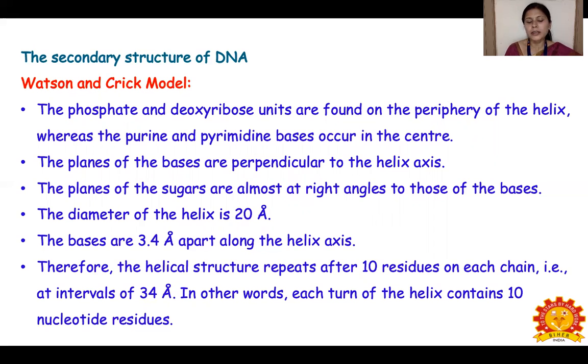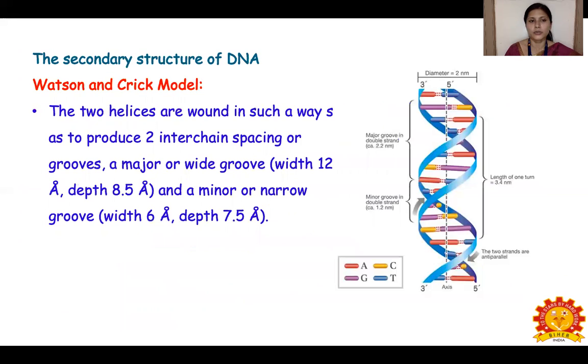If you see the diameter, it will be around 20 angstrom, and the bases are 3.4 angstrom apart along the helix axis. Therefore, the helical structure repeats after 10 residues on each chain, that means an interval of 34 angstrom. In other words, each turn of the helix contains around 10 nucleotide residues.